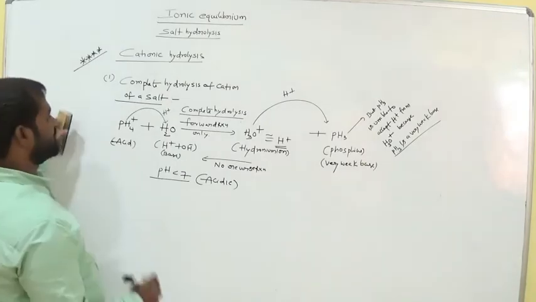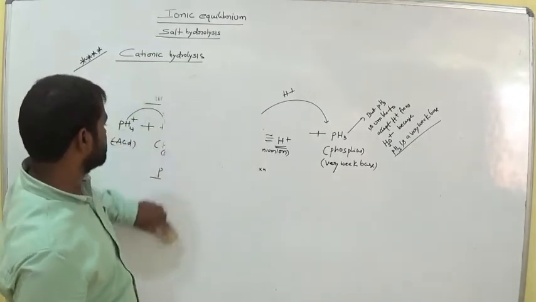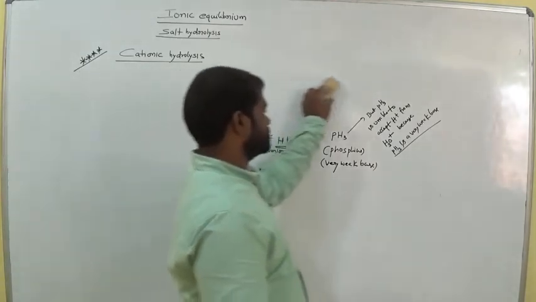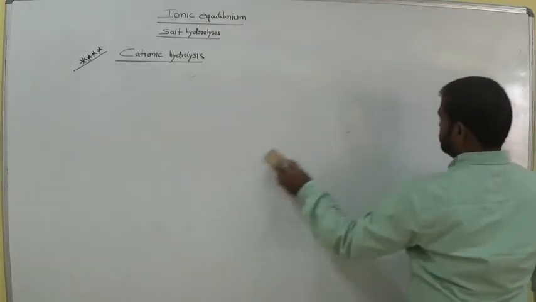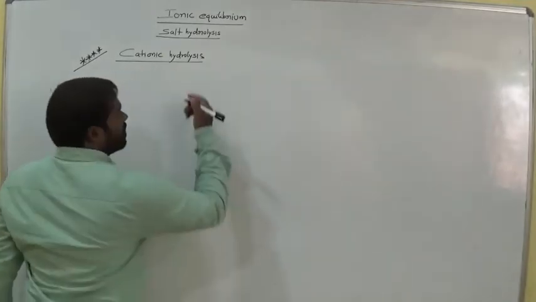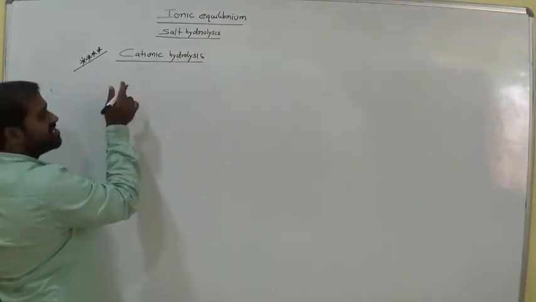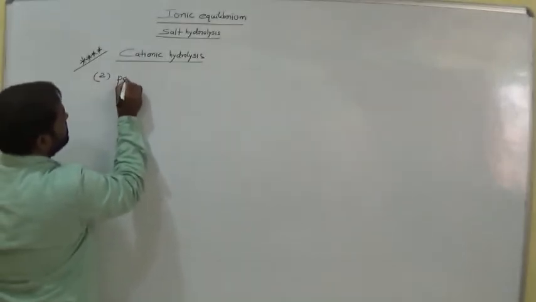And the second one is cationic hydrolysis. The second one is partial hydrolysis.